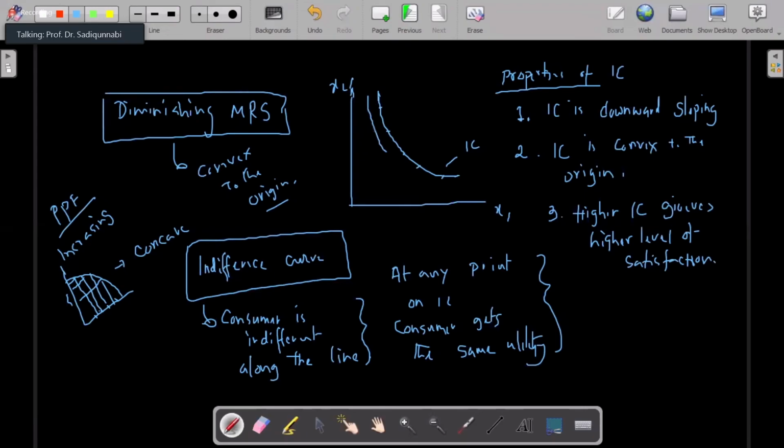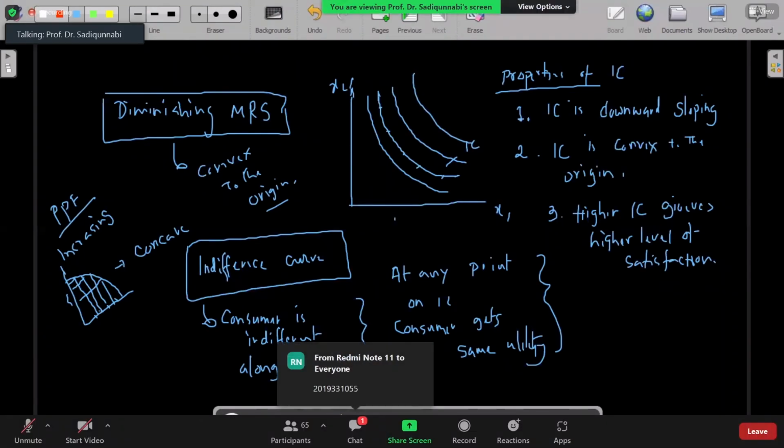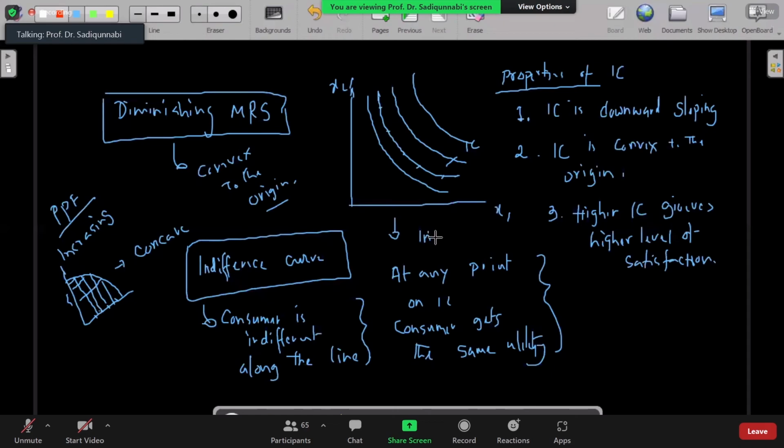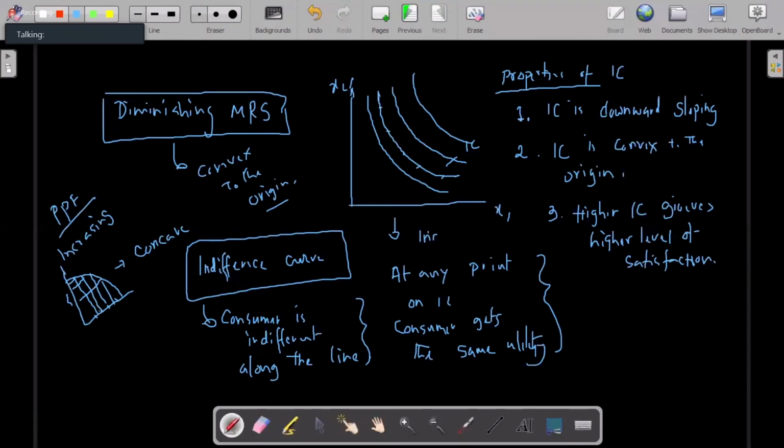There is another IC, another IC can be there. When we write down many ICs, it is called an indifference map.